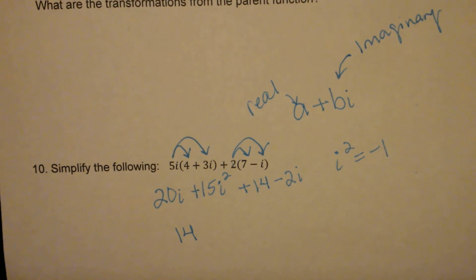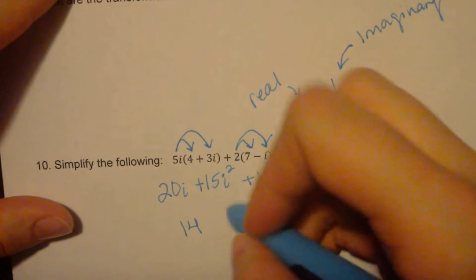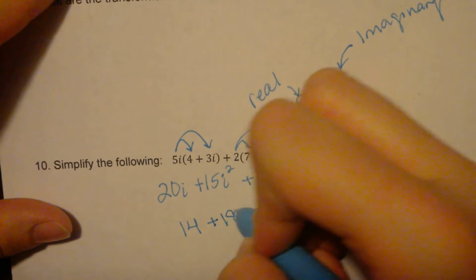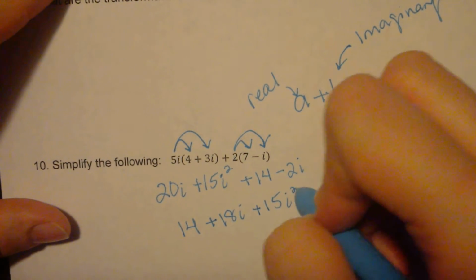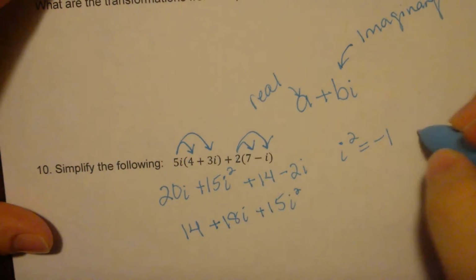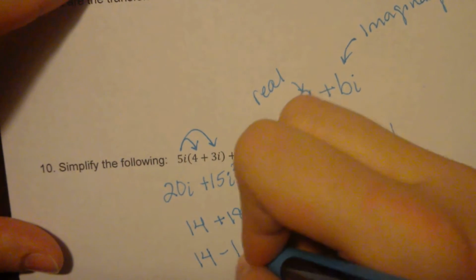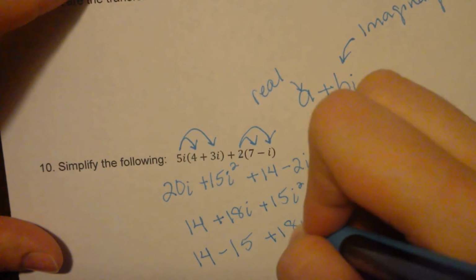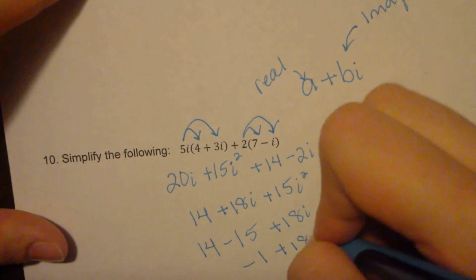So I have 14 out front, and then I have 20 minus 2i, so that's 18i. My i squared term is not imaginary. i squared is negative 1. i squared is a real number. So I have 15 times negative 1, so that's negative 15. Then I still have my 18i. So that is negative 1 plus 18i.